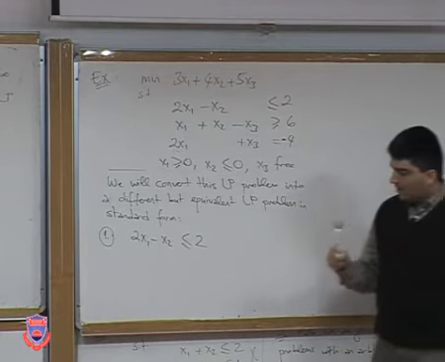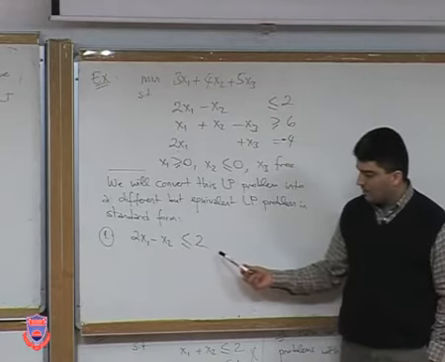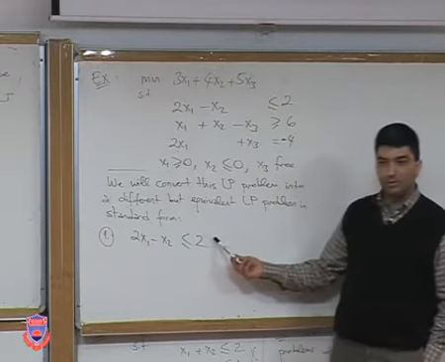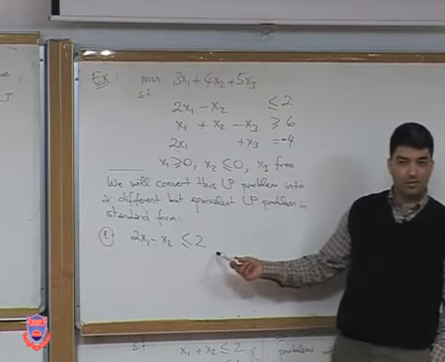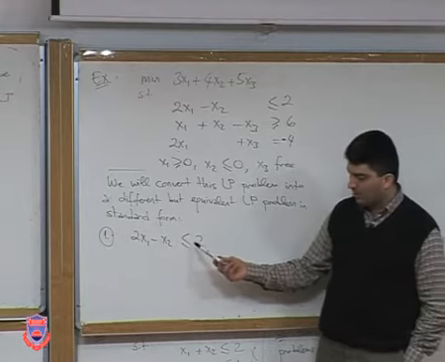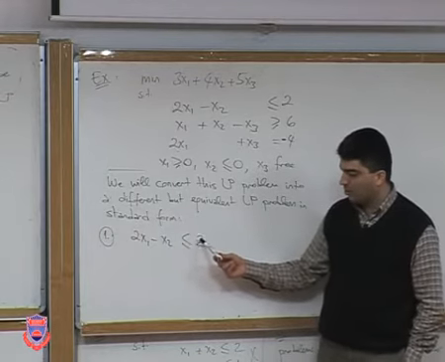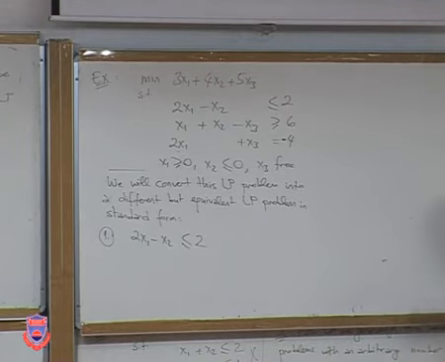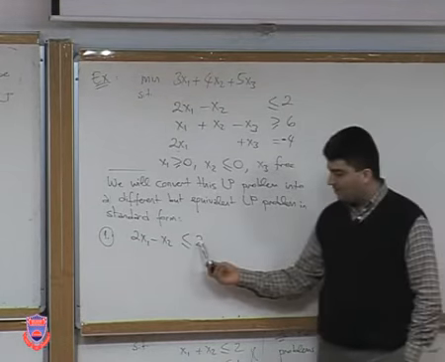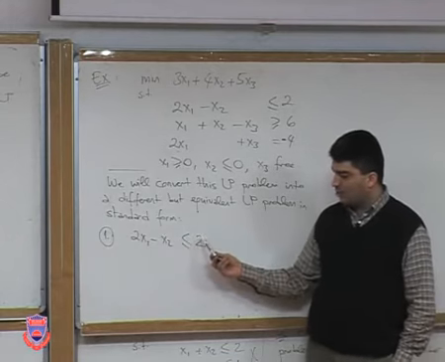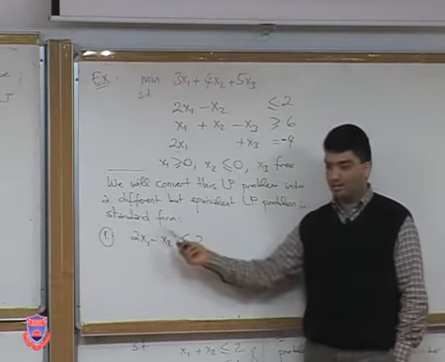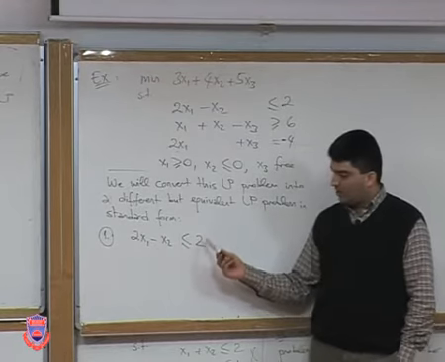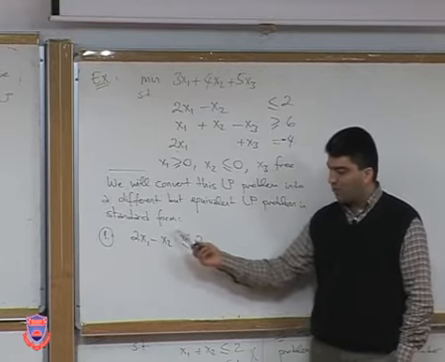Well, if you think about this a little bit, how would you read this relation? The left-hand side can be equal to 2, or can be smaller than 2 as well, right? So I'm actually allowing both possibilities. So 2x1 minus x2 can be both equal to 2, or can be less than 2. Which means that if I look at the difference between the right-hand side and the left-hand side, so 2 minus the left-hand side, this expression should be greater than or equal to 0, basically, right? So the difference between the right-hand side and the left-hand side should be non-negative.